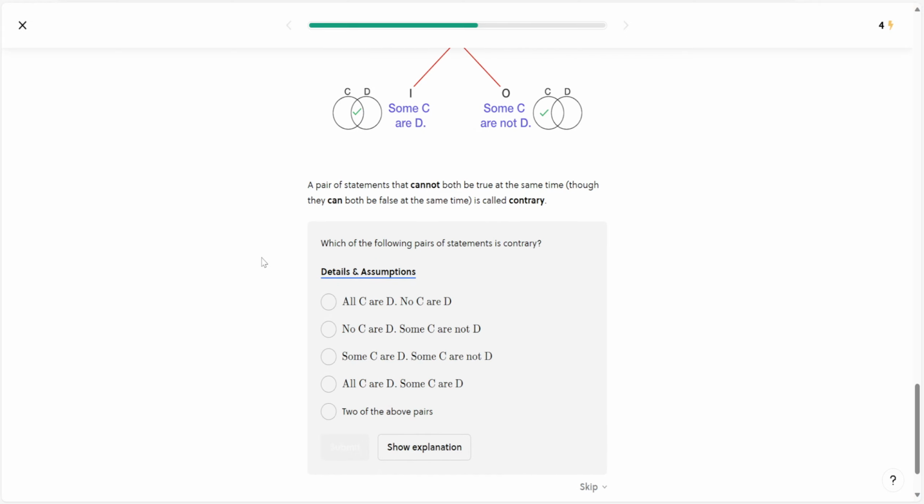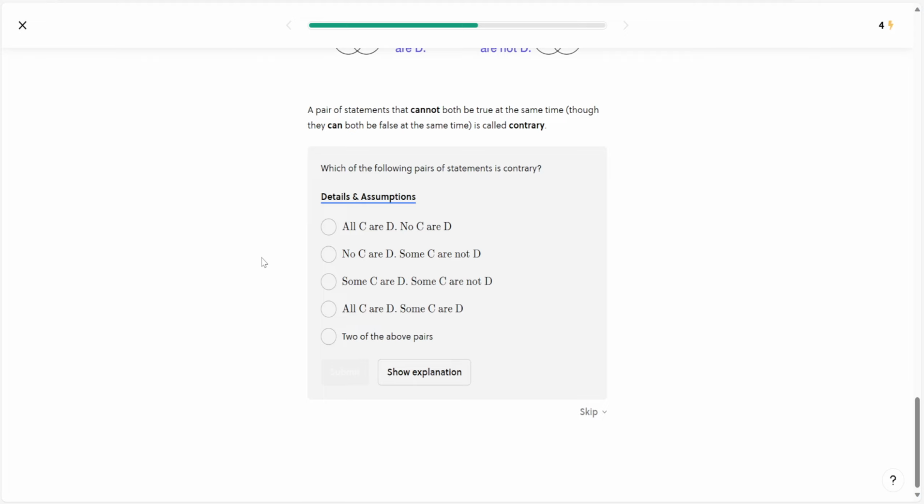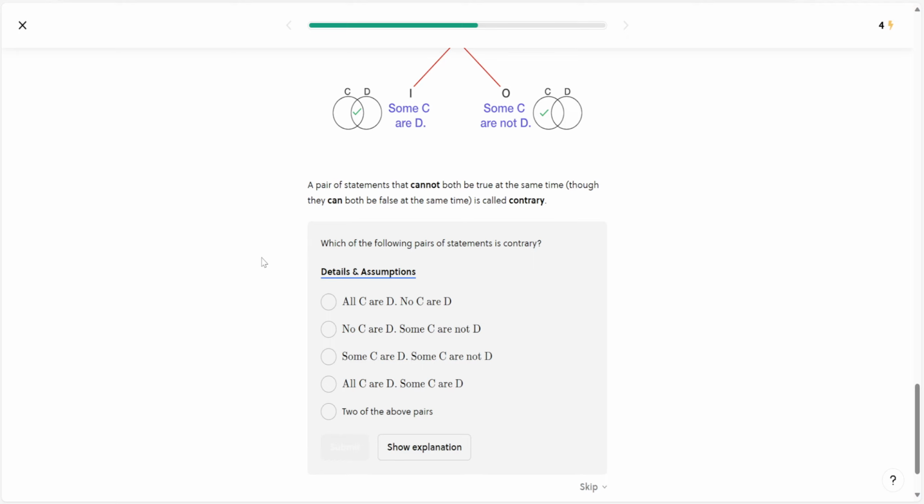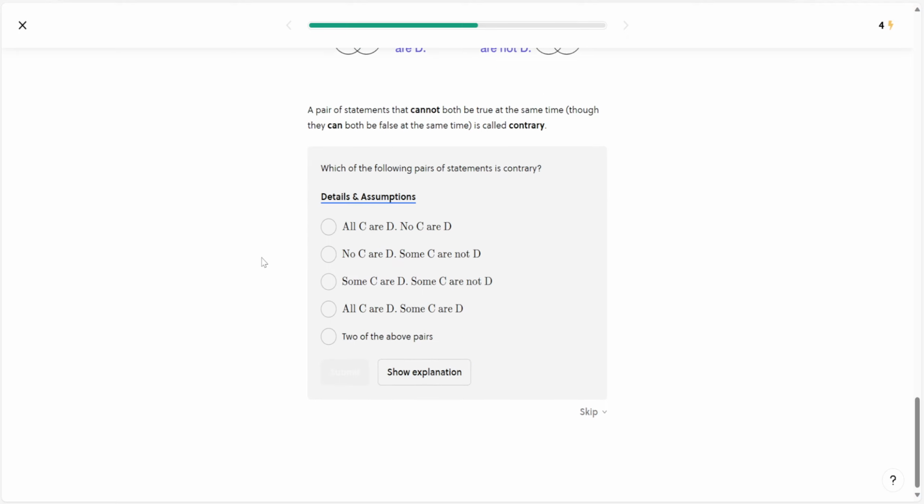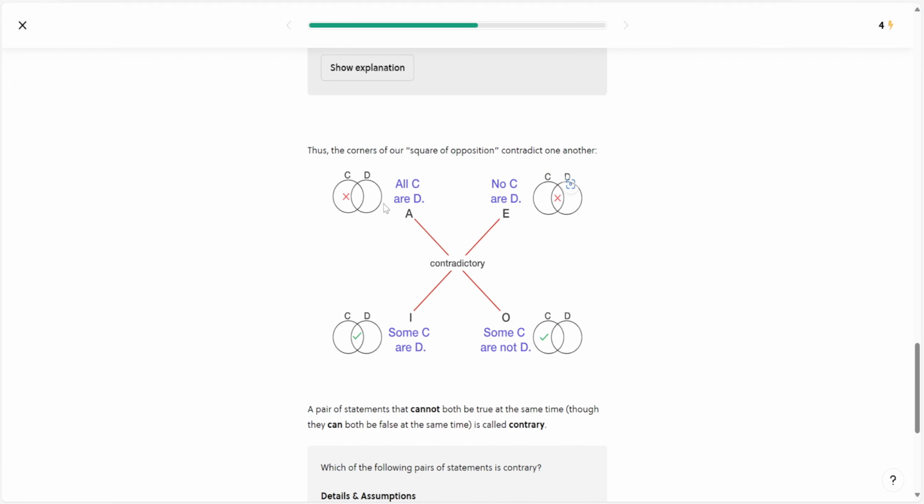Okay. Which of the following pairs of statements is contrary? Right, okay. So a pair of statements that cannot be true at the same time, though they can be false at the same time. Right, let's have a look at this. So they can't be true at the same time.